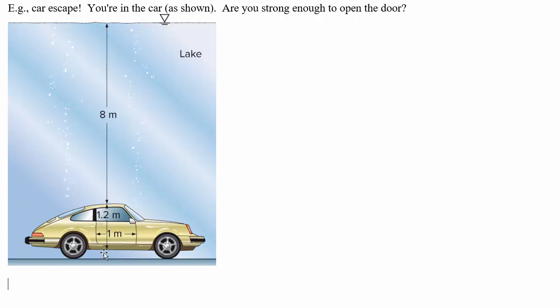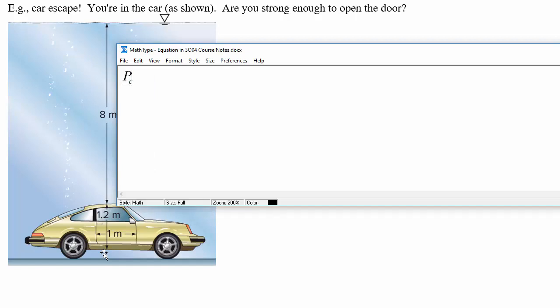So then the pressure at the car door centroid is going to be equal to P0 at 1 atmosphere at the surface plus the rho g delta z for the depth under the water, which is P naught plus rho is about 1,000, g is about 10, and depth is 8.6.